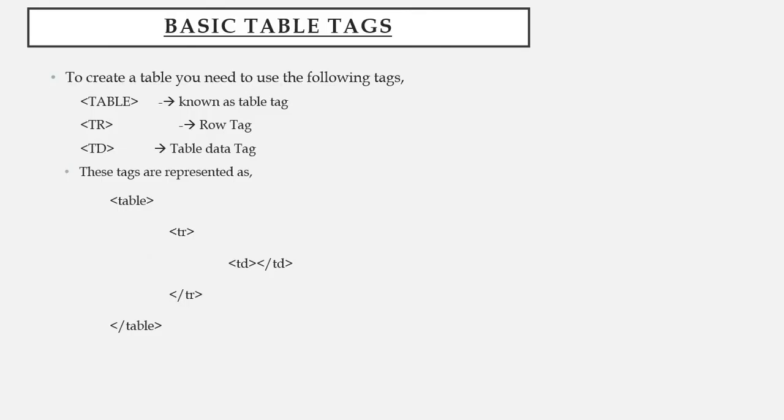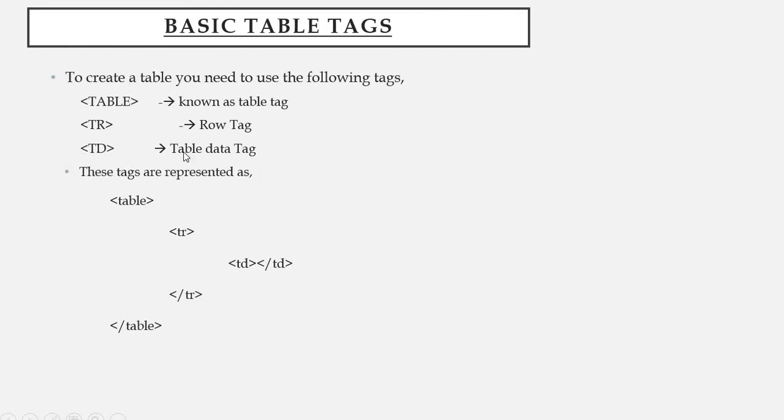Now we'll see what are the basic tags which you need to include compulsorily. To create the table, you need the table tag. It is a container tag. It has the closing tag also. Then you use the tr tag, that is the row tag. Then td, the table data tag.